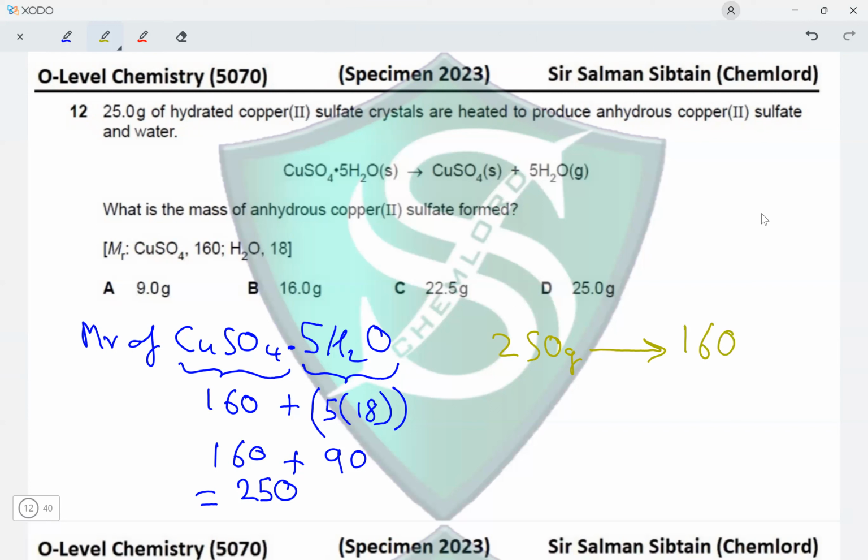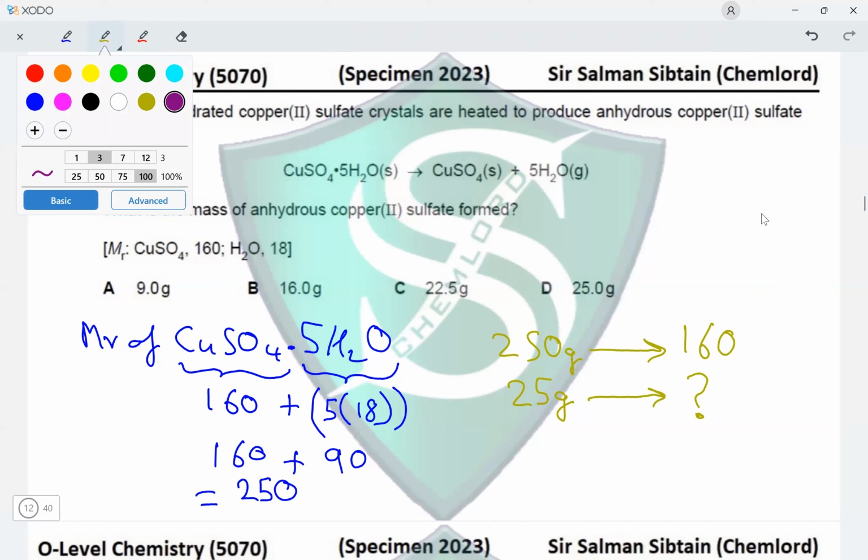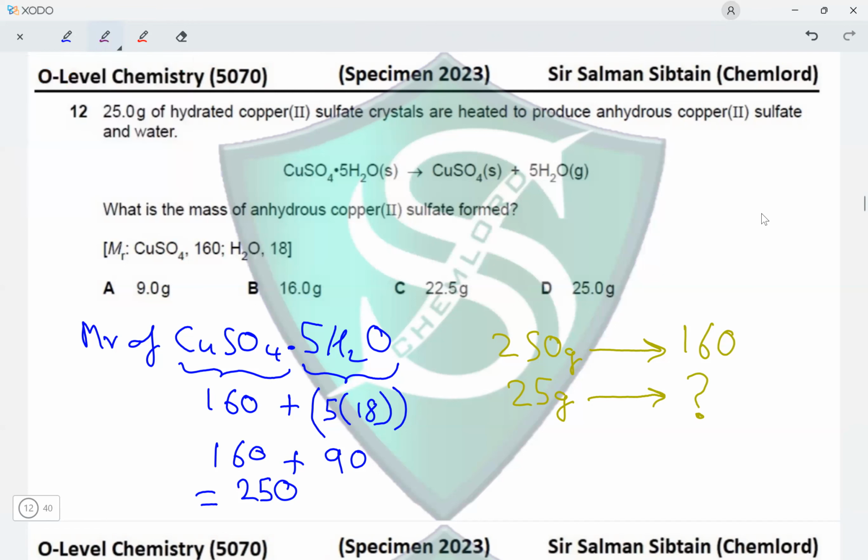And the question asks us 25 grams of hydrated copper sulfate is heated. So 25 grams of hydrated copper 2 sulfate would produce how much of the anhydrous salt? In order to perform this calculation, we will divide 25 by 250 and multiply it by 160.